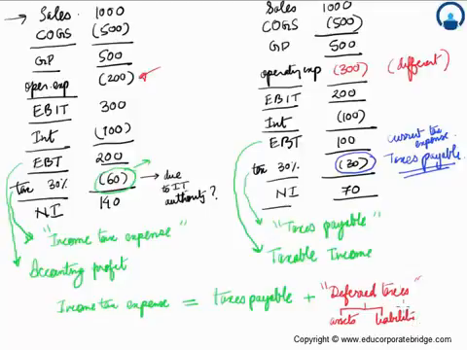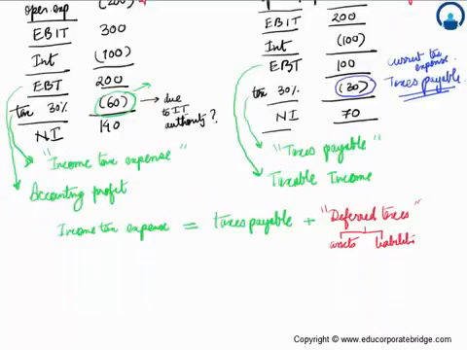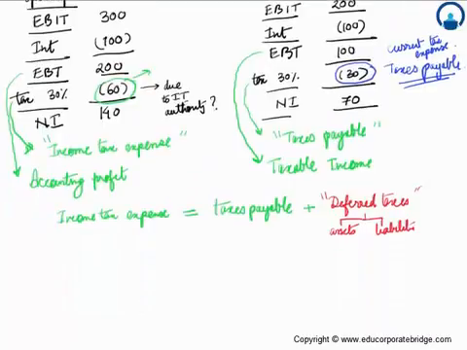Now let me explain how much the deferred taxes would be in this context. On the left-hand side we have income tax expense, which is 60 here. Taxes payable comes out to be 30 here. So there is a remaining amount that you need to pay over a period of time, because these two don't reconcile.